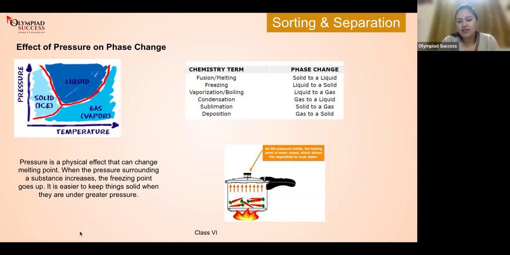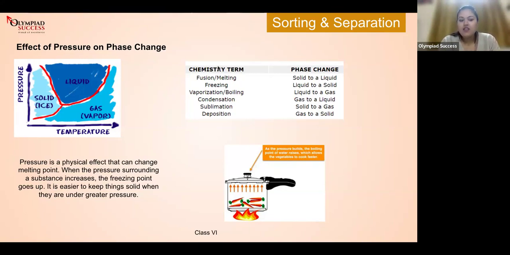Melting point is the point at which solid will convert into liquid, right? The moment there is release of pressure, they'll convert back to gas, because the molecules were forced to be together. The moment pressure is released, they'll go back to their original state, the gaseous state.